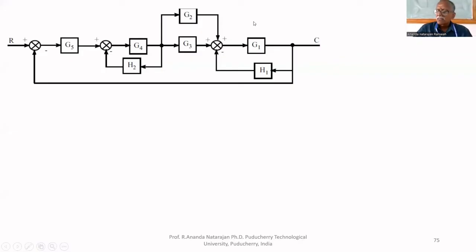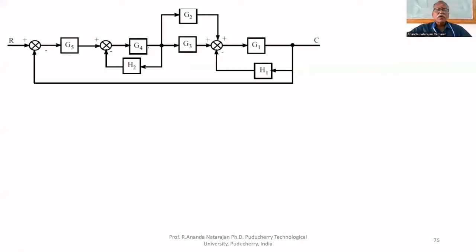In this, the first step is to find the innermost part of the loop. This is the innermost part, and it can be easily converted to G4 with negative feedback. That's why this is equal to G4 upon 1 plus G4H2, by using the 7th rule.